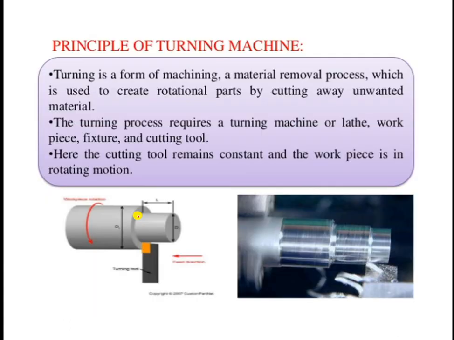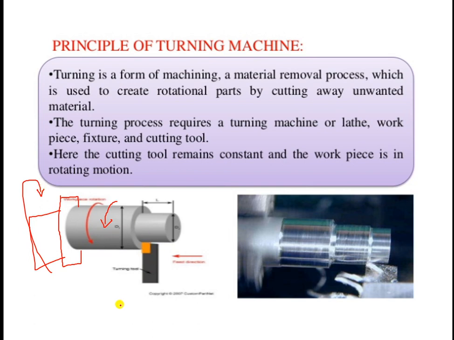Here we can see the turning operation, in which the workpiece is rotating and is held inside the chuck on this side. The chuck is rotated with the help of a gearbox or some other rotating mechanism.